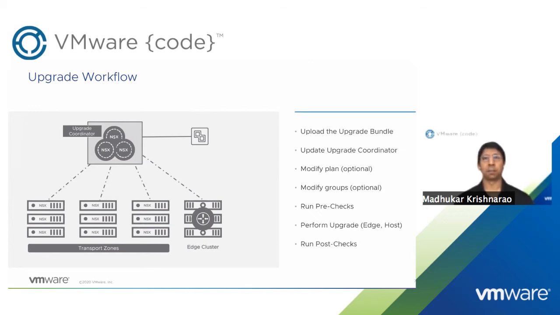Now the pre-checks come up clean. Then all that is left is to do the actual upgrade. It's actually a very simple step, one specific module that can do it. It will upgrade your edges, hosts, and your NSX manager all in one shot. After that, of course, you can run any post checks that you want.